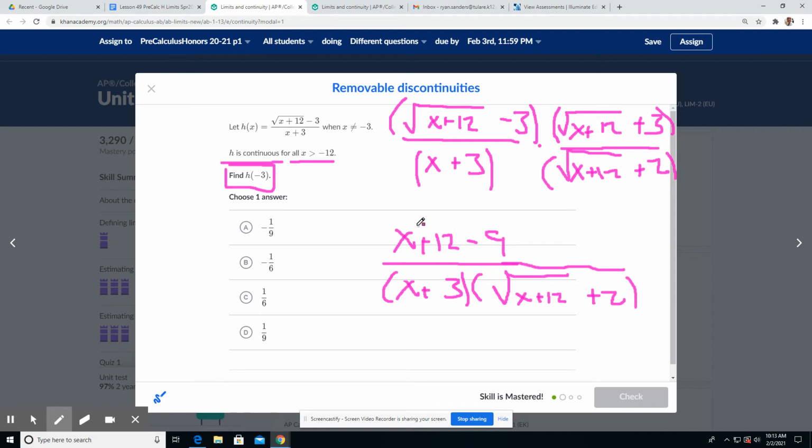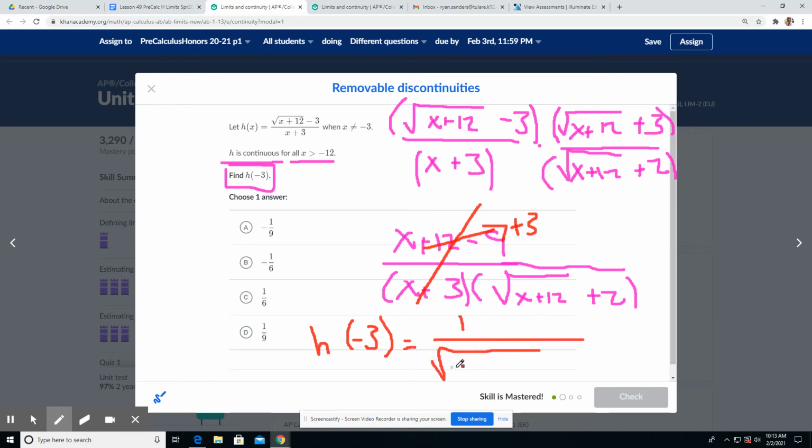The x plus 12 minus 9 turns into x plus 3, so those reduce out. And we want to know h of -3, now that I've canceled out our issue: 1 over the square root of -3 plus 12, plus 3.